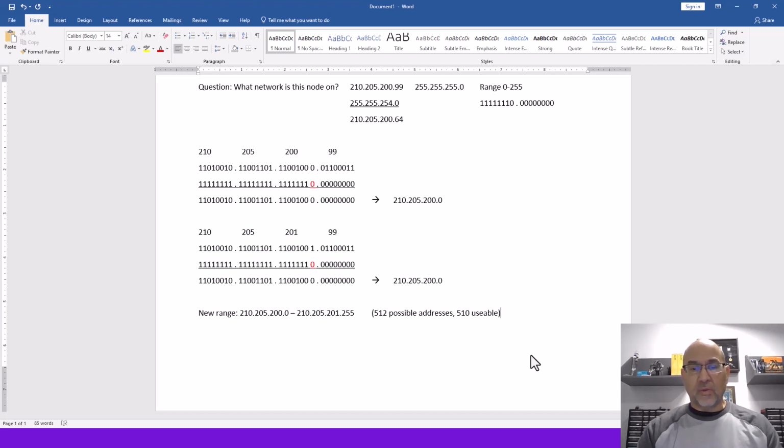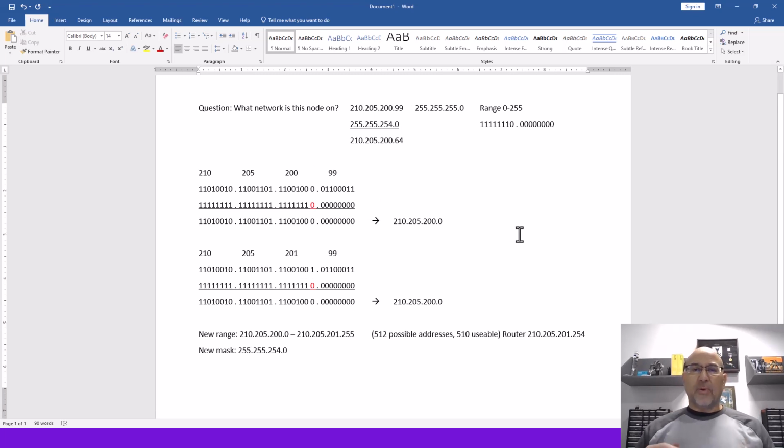Just for fun, what would a router be? If that's the range of possible hosts, a router might be sitting at 210.205.201.254, something like that. Okay, what would the new mask be again? The new mask would be 255.255.254.0. The key is in the binary.